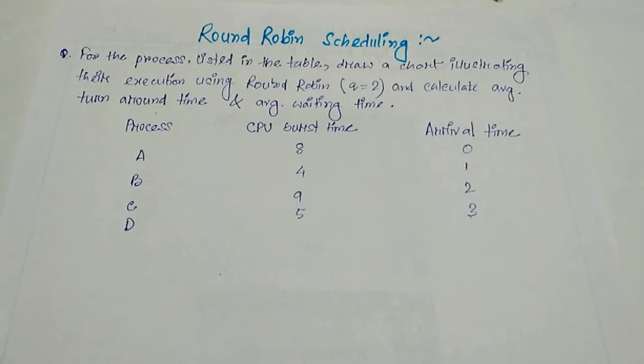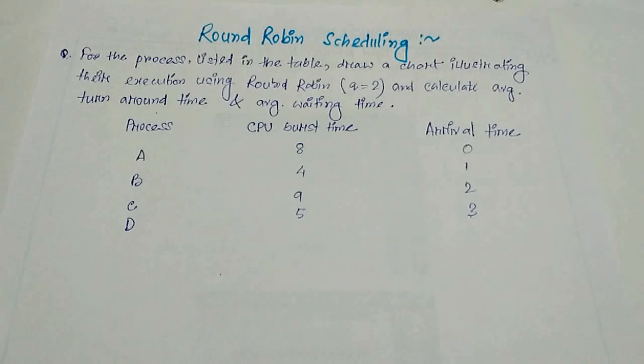If the process does not execute completely till the end of the time slice, it is preempted and the CPU is allotted to the next process in the ready queue. However, if the process blocks or terminates before the time slice expires, the CPU is switched to the next process in the ready queue at that moment only.